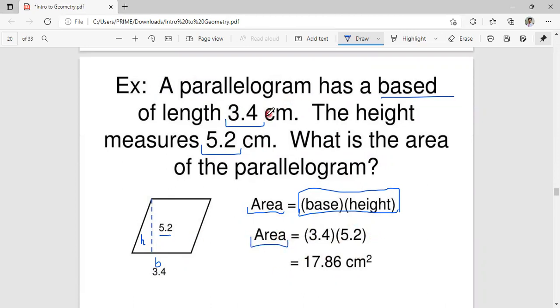Here you go, we have 3 cm times 5.2 cm, so it will be squared. Don't forget to write the square for the area. If you are measuring the area and you are given centimeters or some other measuring symbol, you have to write the symbol and then write square of that one.